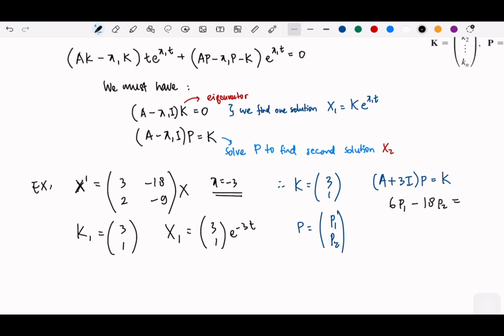This is k1, so k1 is 3, and this is k1, k2.